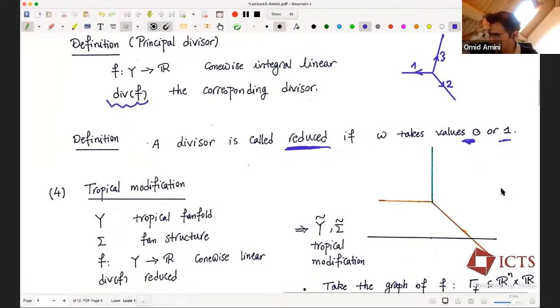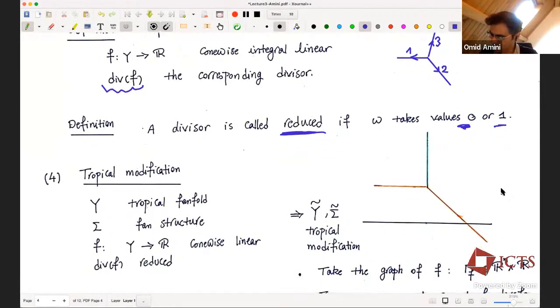Okay. So the idea is that you start with a tropical fanfold, which has a fan structure sigma, and then you take a function f which verifies the properties of the previous slide. It means that it is cone-wise linear, integral linear on sigma, and you also assume that the divisor of f is reduced.